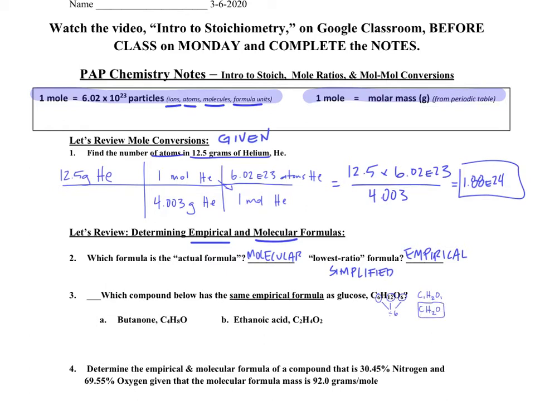So now I need to figure out which of the formulas given to me, A and B, has the same empirical formula. Remember, more than one different element or compound can have the same empirical formula because they might have the same ratio, but they'll never have the same molecular formula. So for butanone, I've got C4H8O1.